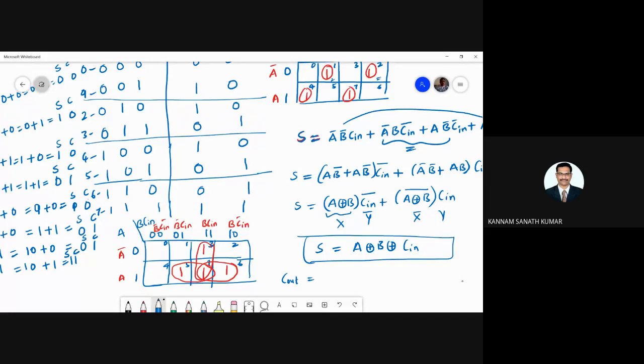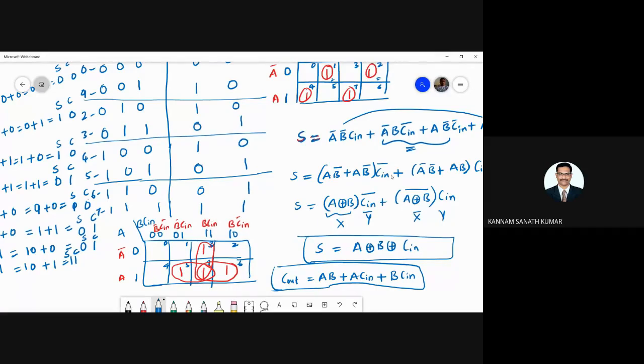If you see this one, so AB plus A C in plus B C in. Okay, so this is the expression.